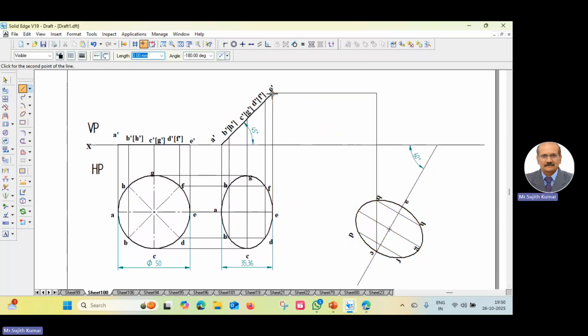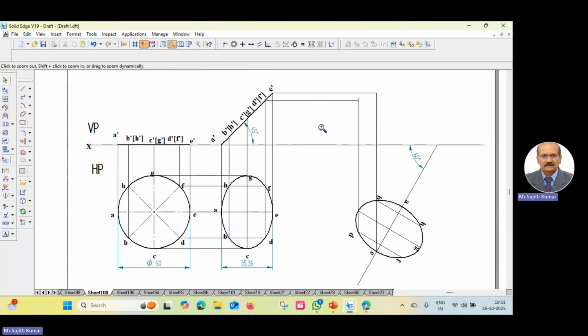E to E dash, and D dash. This is D. See, there's a gap, I extend it.